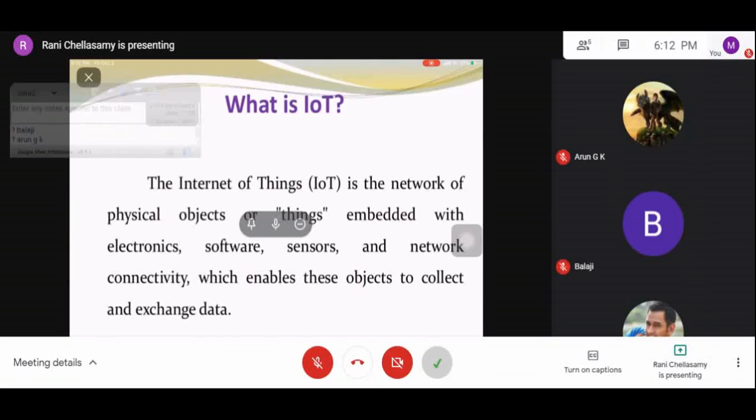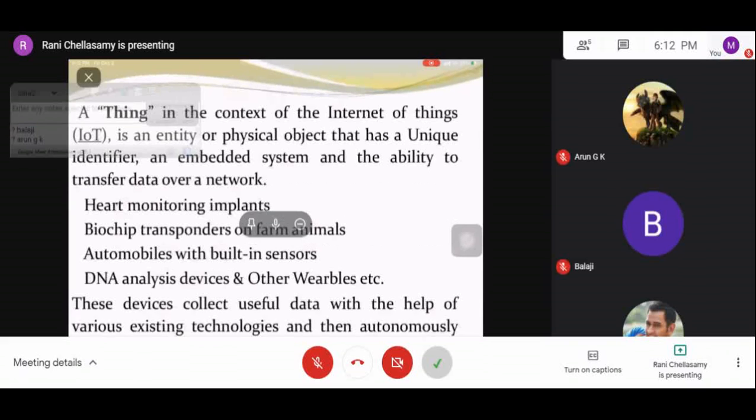So what is meant by a thing in the Internet of Things? In this context, a thing is a physical object, or we call it an entity. That object will have a unique identifier, an embedded system, and the ability to transfer information or data over the network.